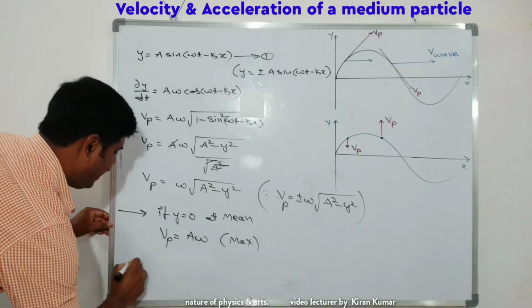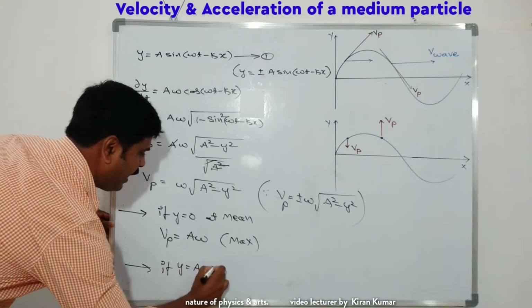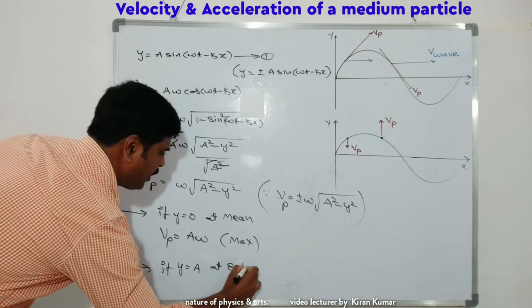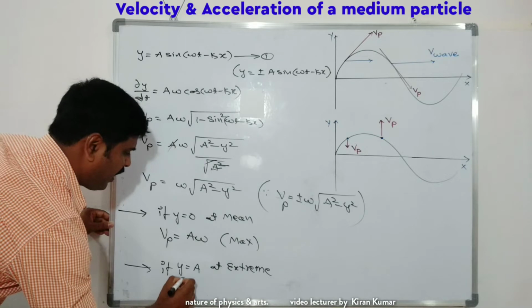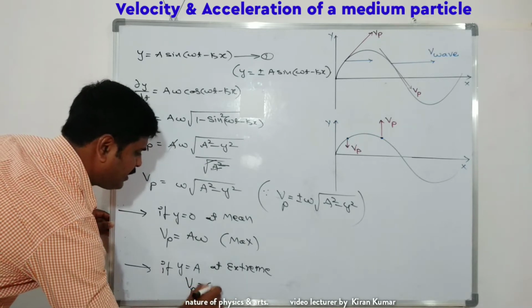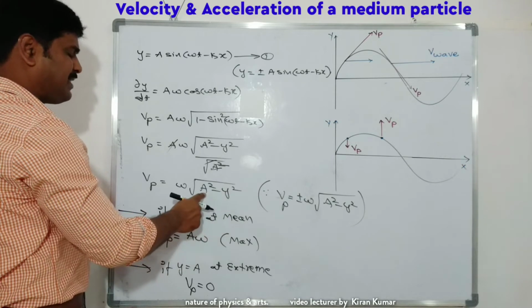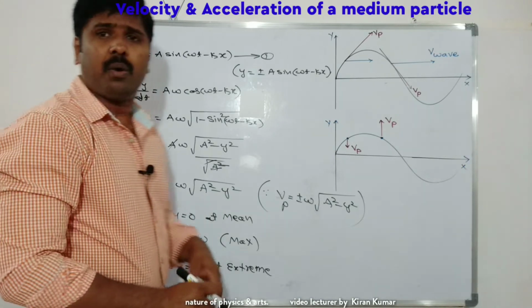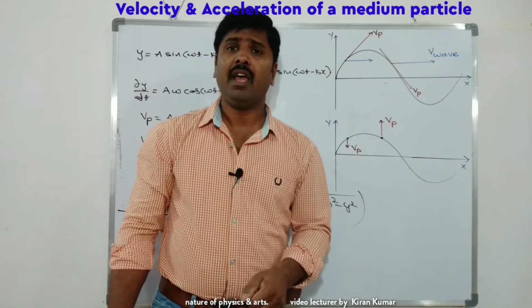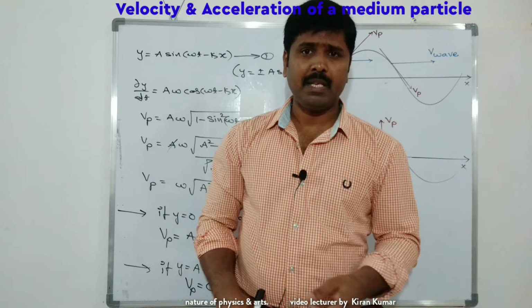At the extreme position, y = a, the velocity of the particle is 0, because a² − a² cancels to 0, and 0 times anything is 0. This is how the velocity is maximum and minimum. Please copy this.